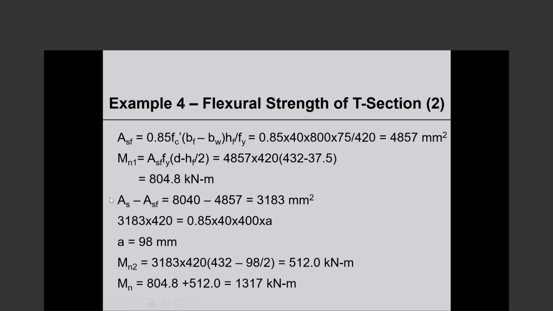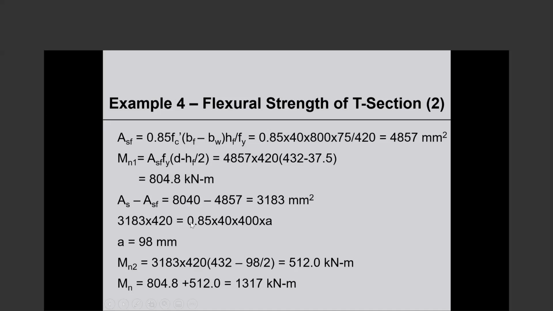Okay, so the tension reinforcement left in the remaining rectangular section is the total of 8040 minus the 4857 that we took out, that is 3183 square millimeters. The total tension in that reinforcement is 3183, the area, multiplied by 420, the yield strength of the tension reinforcement.